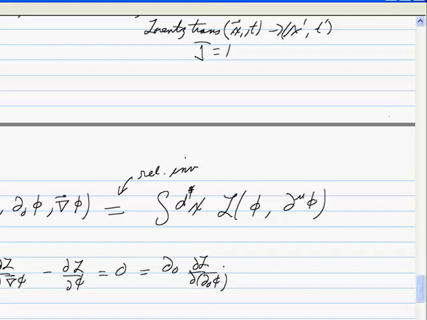So the time derivative is d0. The gradient, we can keep the same notation if we want, del dL d del phi.